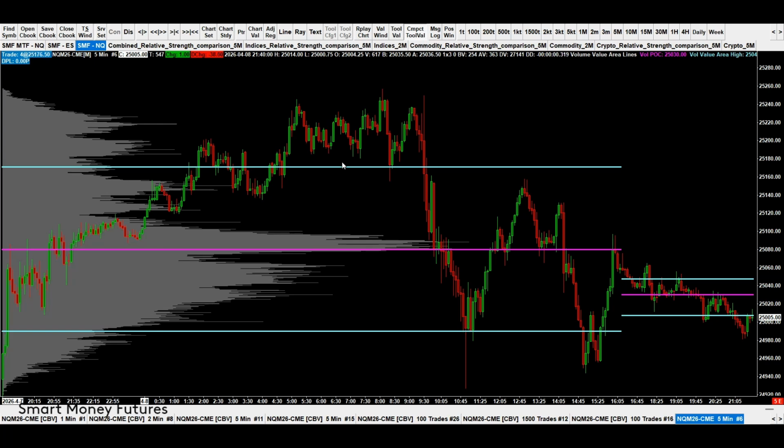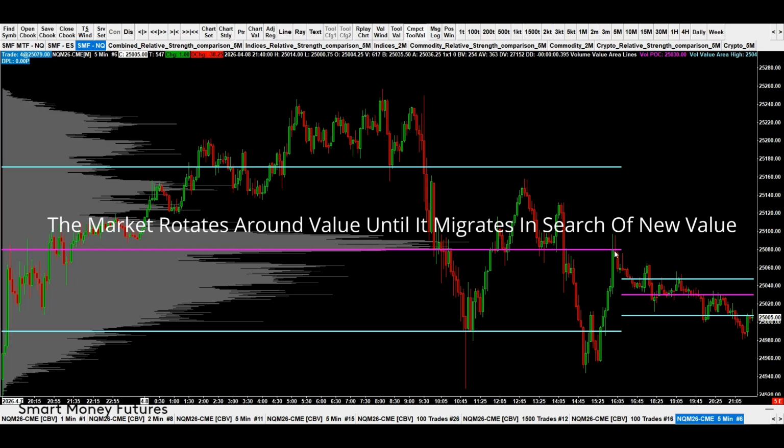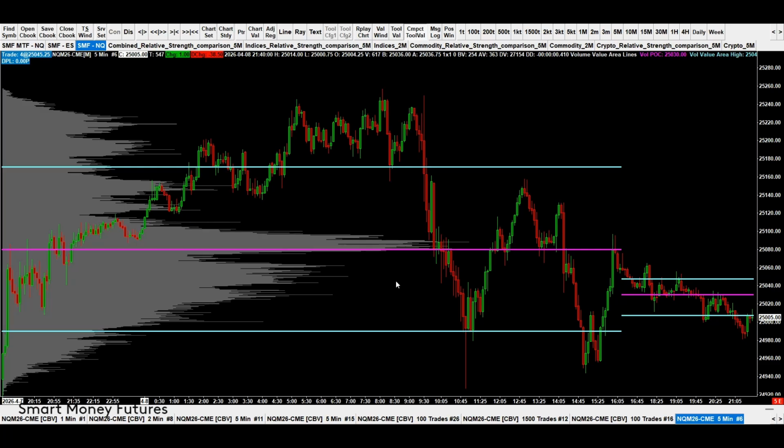Okay, this is the core idea. Value. Now, before we define VAH, VAL, and POC, you need one idea locked in. The market constantly rotates around value until value migrates. That is one of the core principles behind trading on the edge. And when the market is balanced, price tends to rotate around a fair value area.